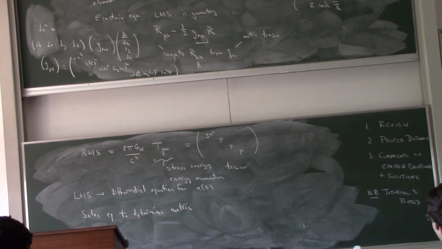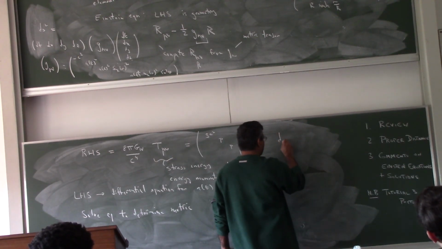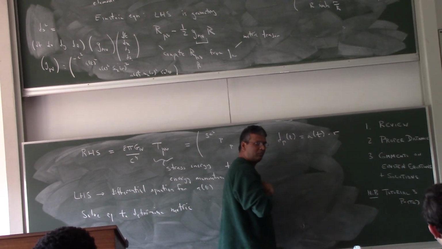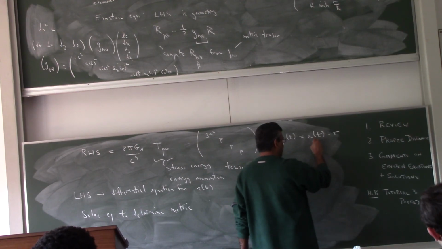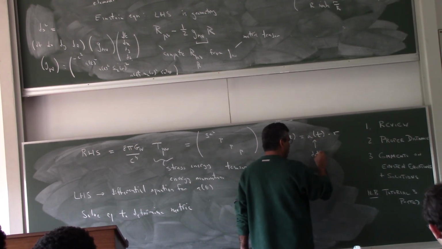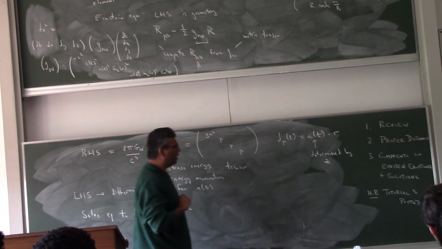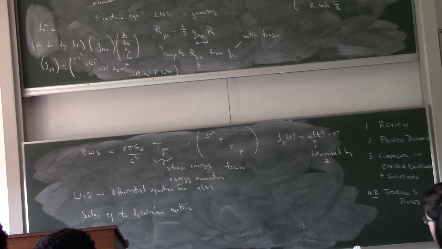Yeah? So regarding the proper distance, how does one actually calculate that once we have the redshift? So once you have the redshift, you know what a of t is. So the proper distance, d_p of t, is a of t times r. Given a of t, which is determined by the redshift, we can just measure distances.